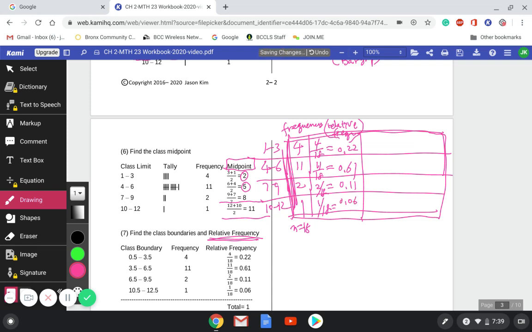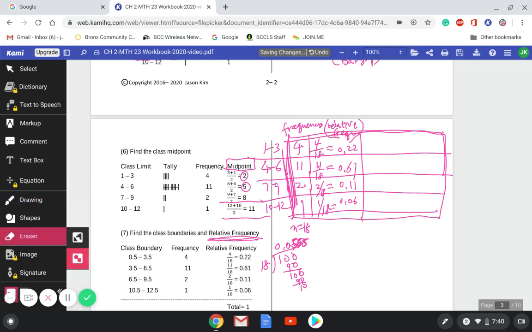So when you actually divide 1 by 18, you get 0.055, 0.0555, and continue.